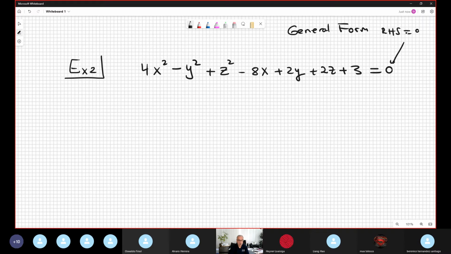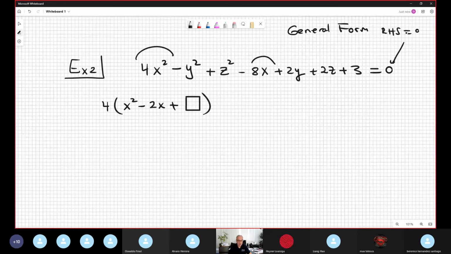Okay, let me try. Complete the square, connecting this and this. Remember, the linear term means translation of the surface. We have linear terms in x and y and z. It's complicated. So I put 4 as a greatest common factor: x squared minus 2x plus box. Okay, I put together the x part.